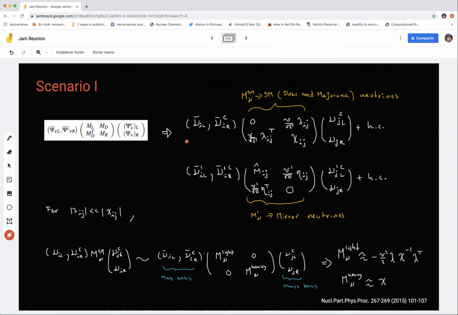At this point, what remains is to diagonalize the matrices M light and M heavy for the neutrinos and the ones associated with the mirror neutrinos. This can be consulted in the reference shown below.